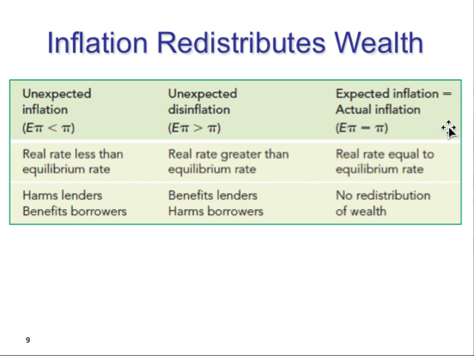So this is explaining how inflation redistributes wealth among borrowers and lenders. Lenders prefer low inflation, and borrowers would benefit from higher inflation than expected.